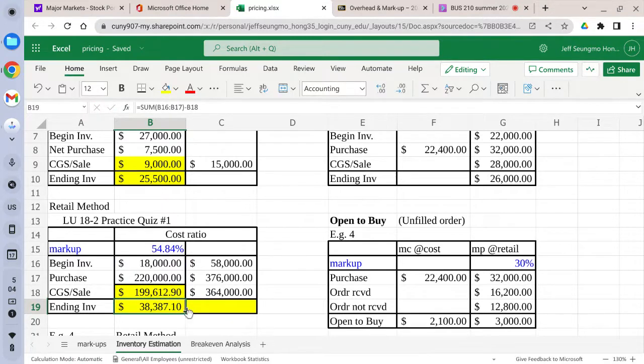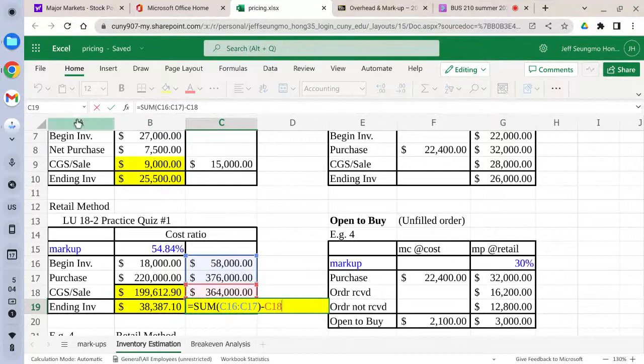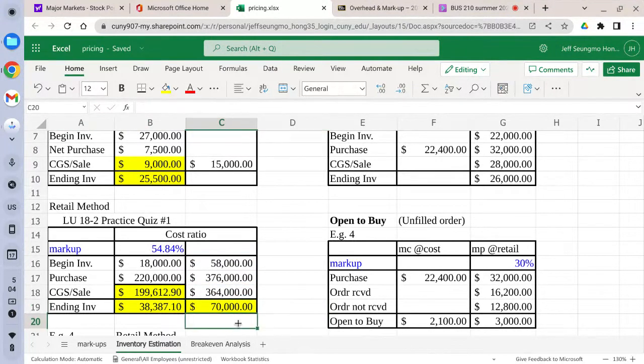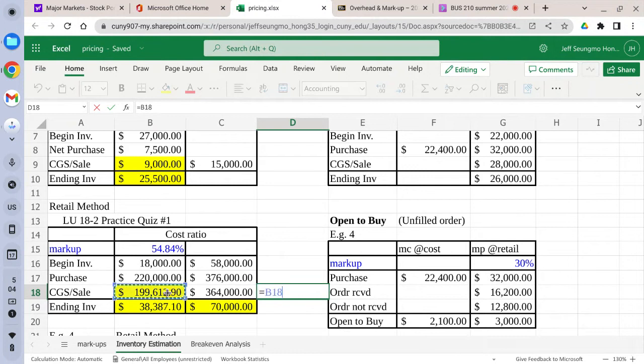And you can do the same thing. You can simply copy and paste it over to the right, and the same thing, of course. And then let's check if it is also 58%. If this is, of course, that would have to be the same cost ratio, right?